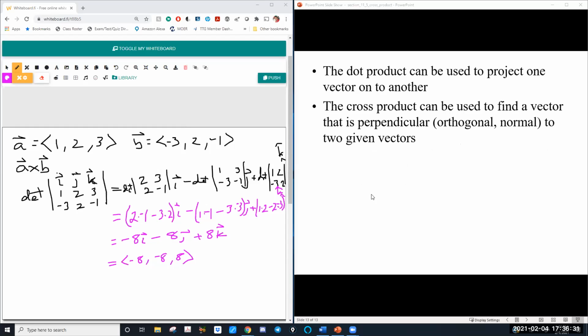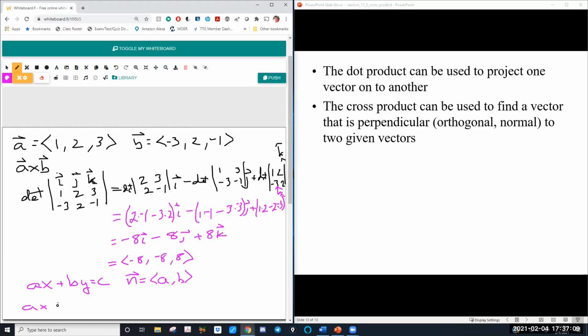Next week, we're going to see how we can leverage the cross product to find the equation of a plane. It builds off of what we did last time. If you remember, last time we saw that if we had a line in the form ax plus by equals c, then its normal vector was ⟨a, b⟩. Well, the same thing is going to happen with a linear function in 3D.